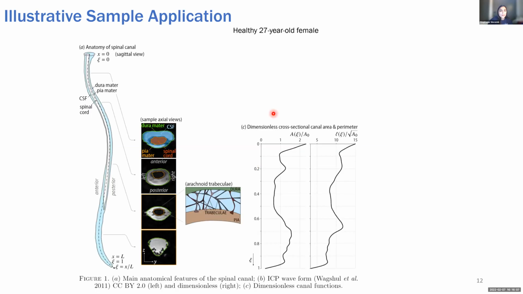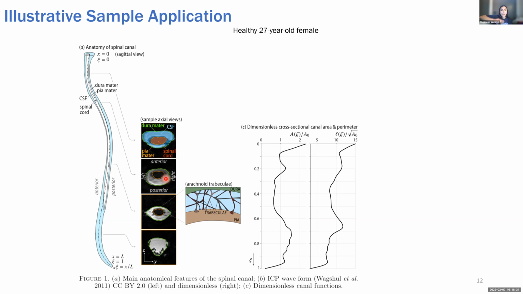So we went ahead and did this actually for a couple subjects. And here I'll just show the results for one. But again, like I kind of already showed you a figure similar to this. We have the spinal canal and the corresponding coordinates and the cross-sectional area. So these are MRI scans, right?